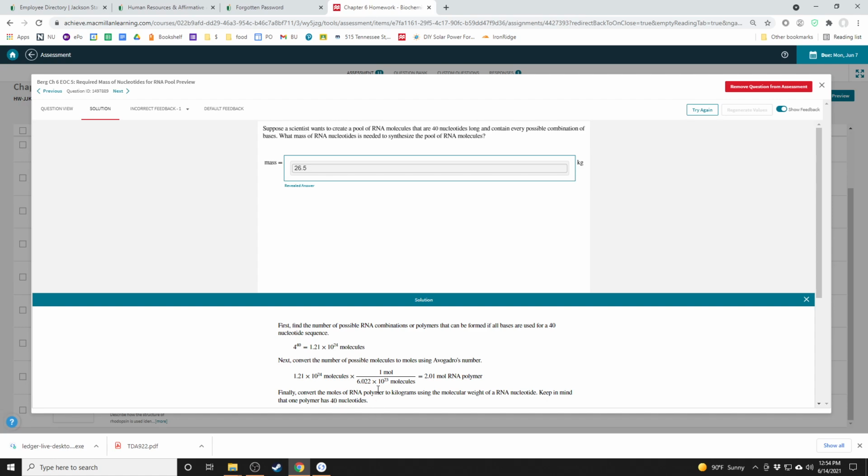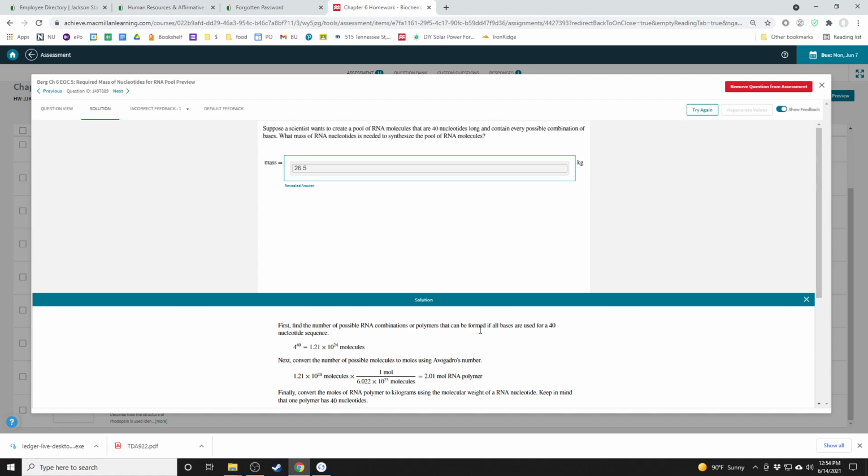You can set it up like this so that molecules cancel and you get moles out. This will be the number of moles of our RNA polymer we need for this specific version of the problem. Remember that the numbers in these are always going to be a bit randomized. So we have 2.01 moles of the RNA polymer.